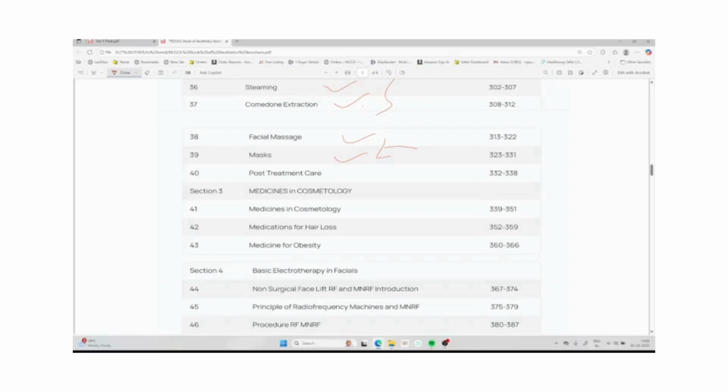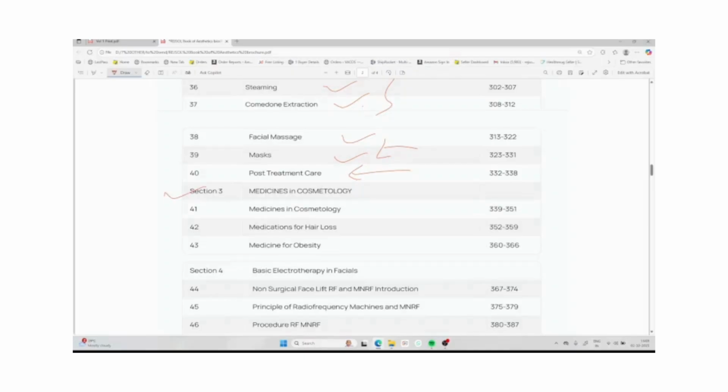And various very important post treatment care. So what are the post treatment cares in various different treatments? If you've done them, then what should be the care that is taken after the treatment, and how you should explain it. Now this was section 2.